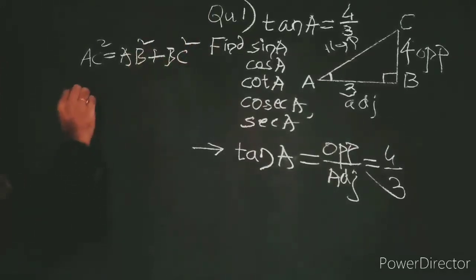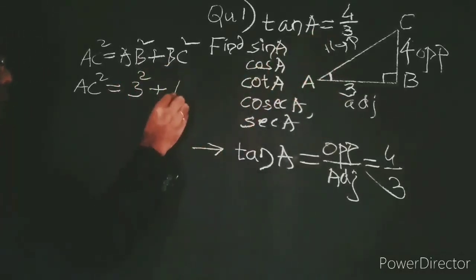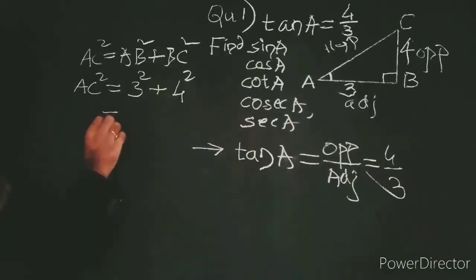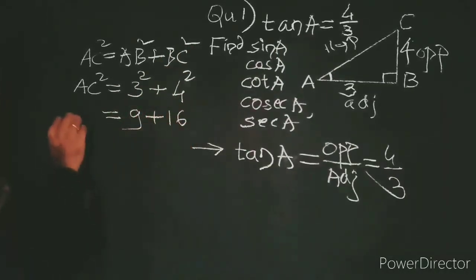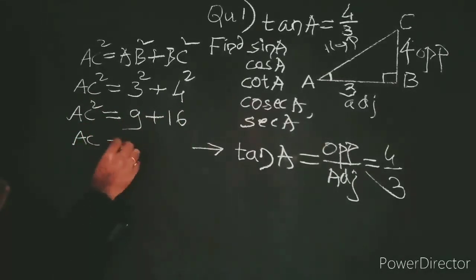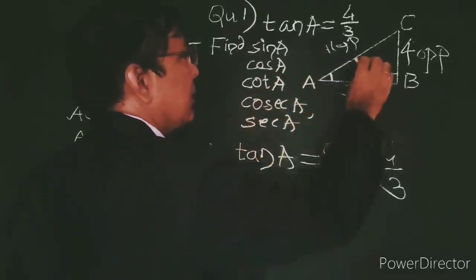Here we have to find AC square. AB is 3, so 3 square, and BC is 4, so 4 square. 3 square is 9, 4 square is 16, therefore AC is equal to square root of 25, that is equal to 5. The length of AC is 5.